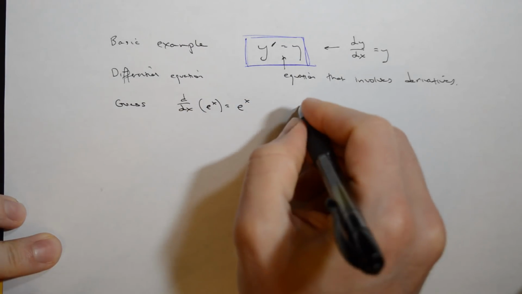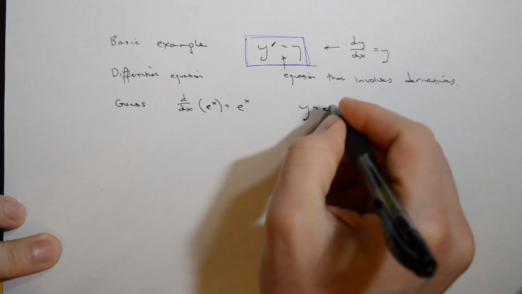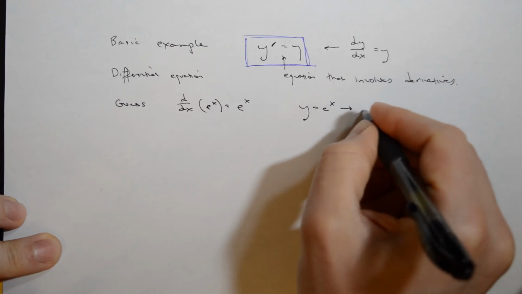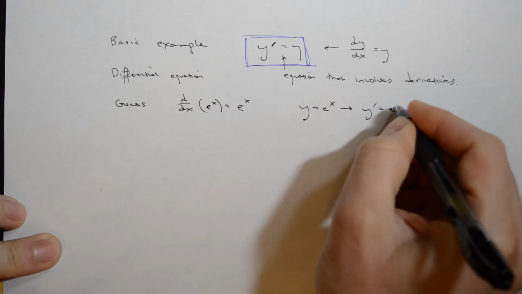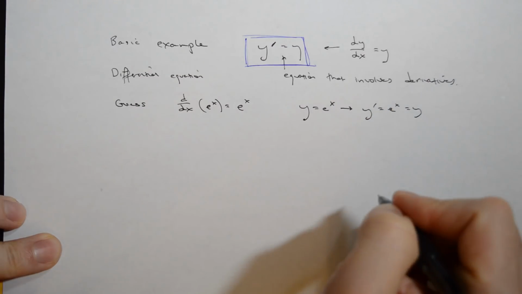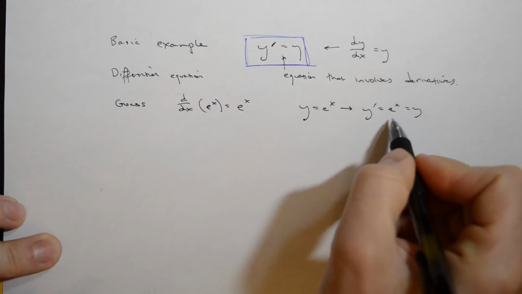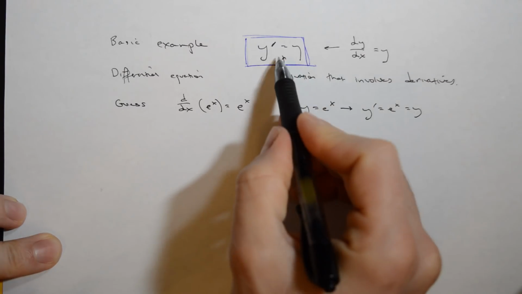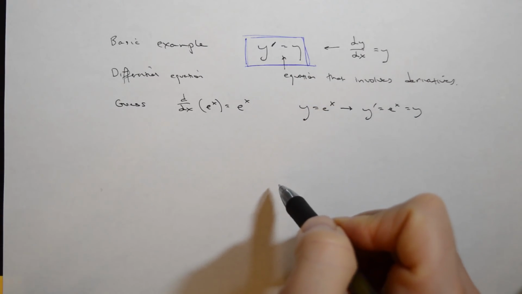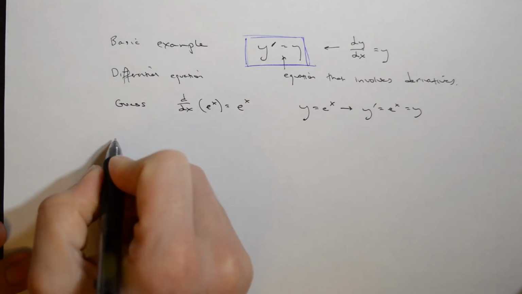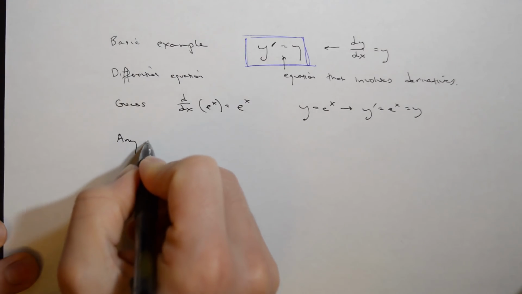So we might say that if y is equal to e to the x, then y prime is also equal to y, which is e to the x. And so we see that e to the x is a solution to this equation y prime is equal to y. Any other guesses?